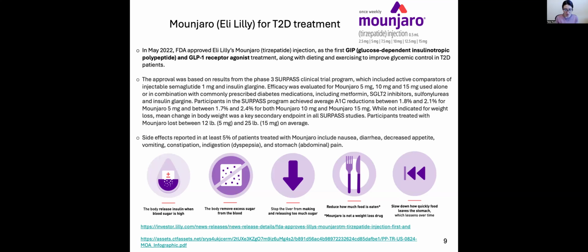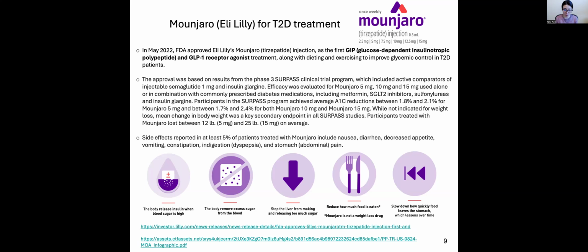So how does Mounjaro work? We mainly have learned how GLP-1 receptor agonists work. So when we add the GIP in combination with GLP-1 RA, what can we achieve? So first, if we take Mounjaro, the body will release insulin when blood glucose level is high. And also the body would remove excess sugar from the blood.